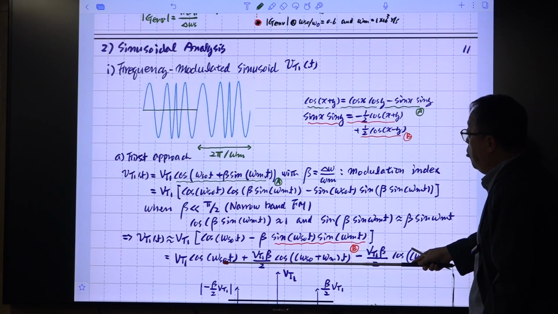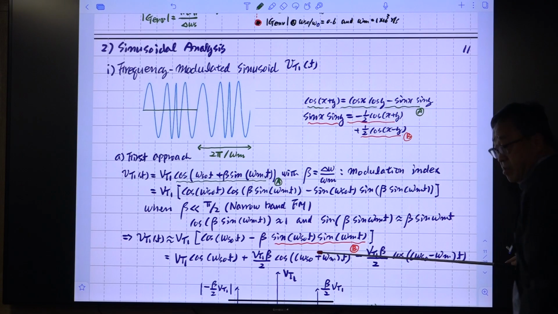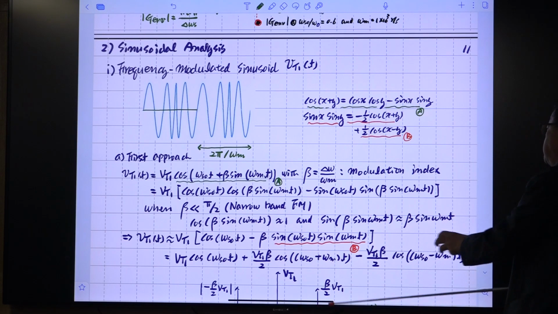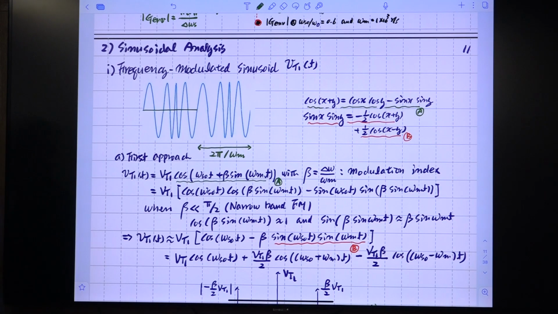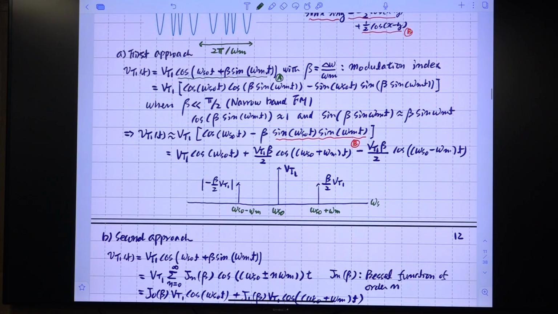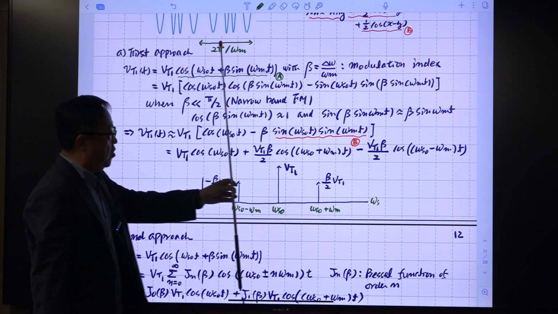This is the unmodulated sinusoid, and this frequency is increased by omega 1, and this one frequency is decreased by omega 1. Right? So we have this spectrum of this VT1. Okay? So this is the component of the unmodulated switching frequency.